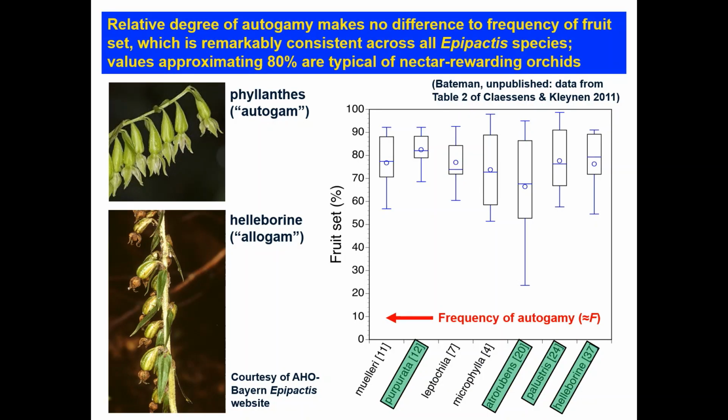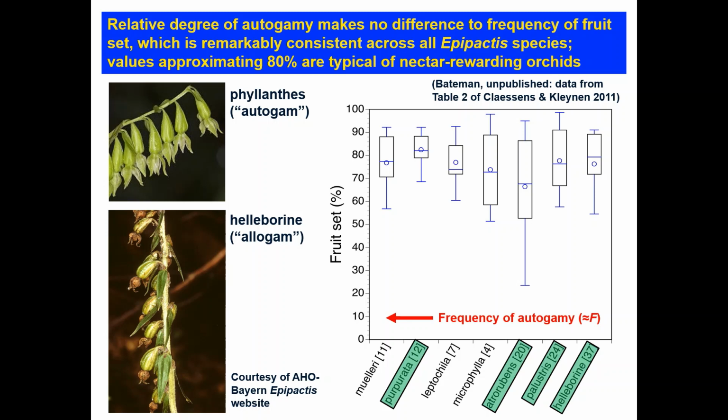Another question we might ask is, you would predict that in a genuinely autogamous, self-fertilizing inflorescence, all the flowers would set seed, because each flower would pass pollen from the pollinium to the stigma. Whereas in a cross-fertilized spike, you would predict that at least a substantial proportion of the flowers would not get pollinated, because insect pollination is not sufficiently efficient.